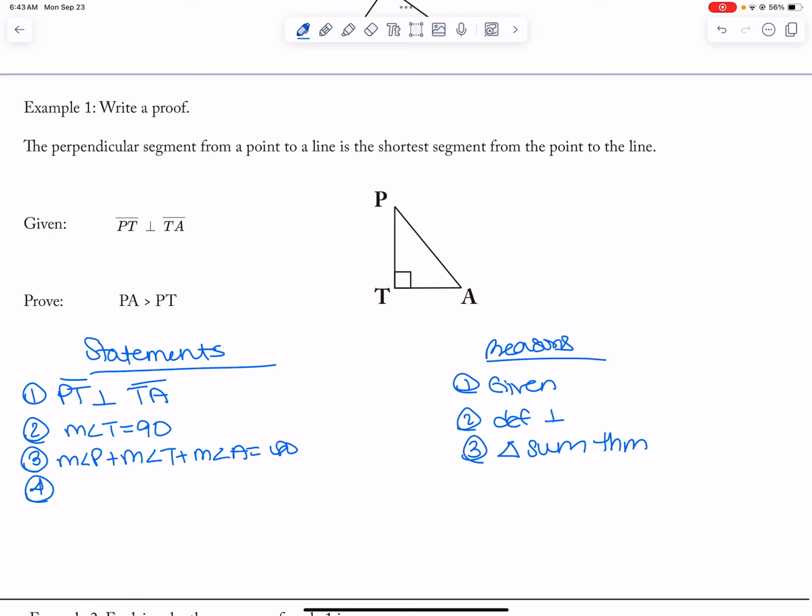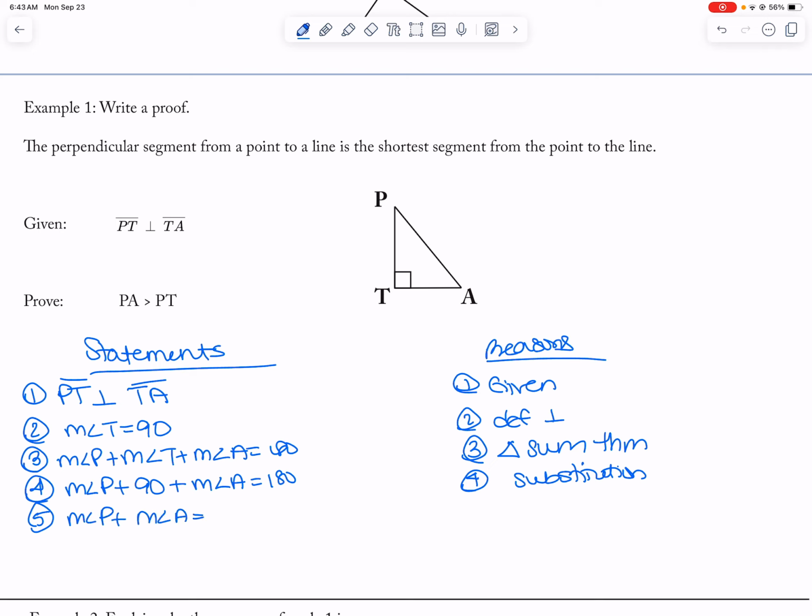And then we know that measure of angle P plus 90 plus measure of angle A has to be equal to 180 degrees, and that is substitution. So then measure of angle P plus measure of angle A has to be equal to 90 degrees. That is by subtraction.